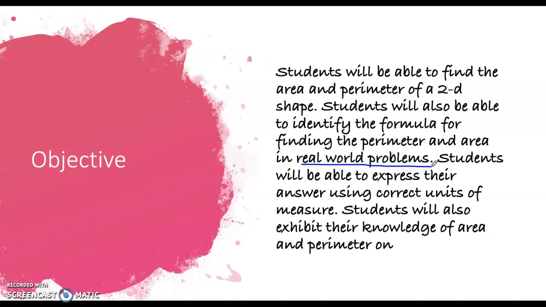Real world problems is different than just basic little math problems where you're like, where am I ever going to use this in the world? Real world problems actually tells you how you're going to use it. Also, students will be able to express their answer using the correct units of measure, and students will also exhibit their knowledge of area and perimeter.